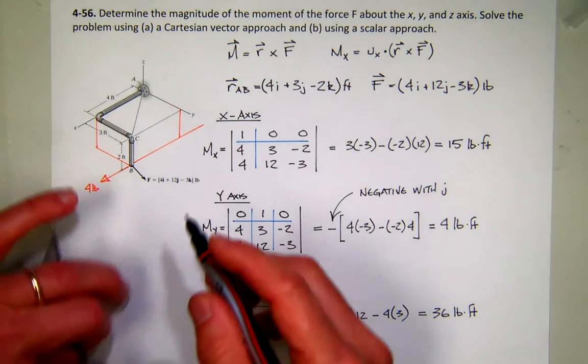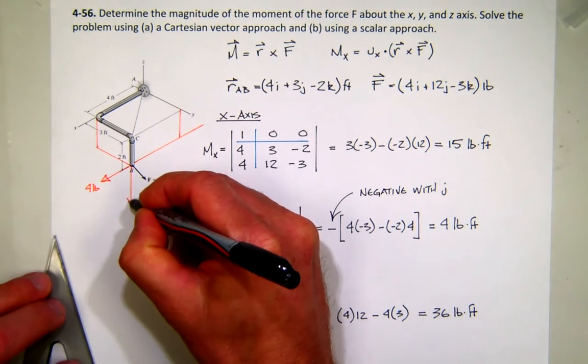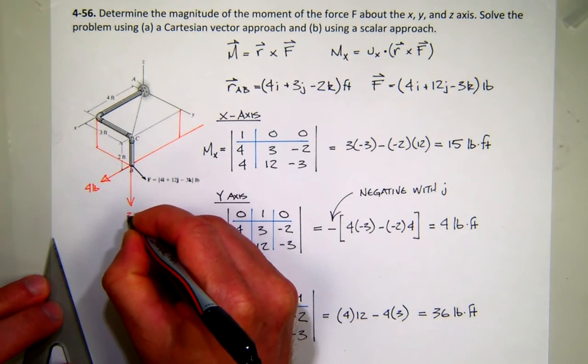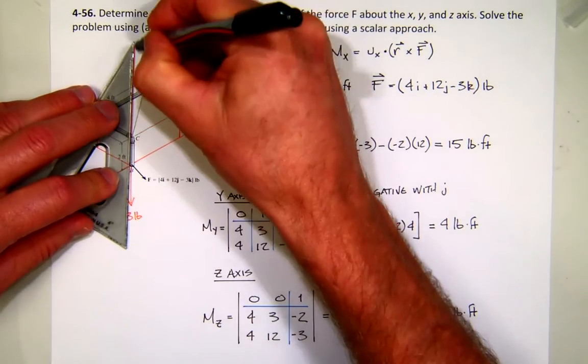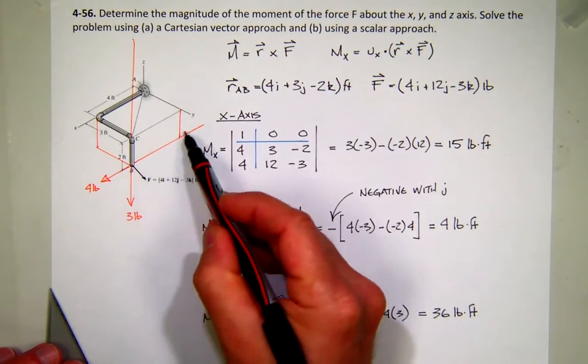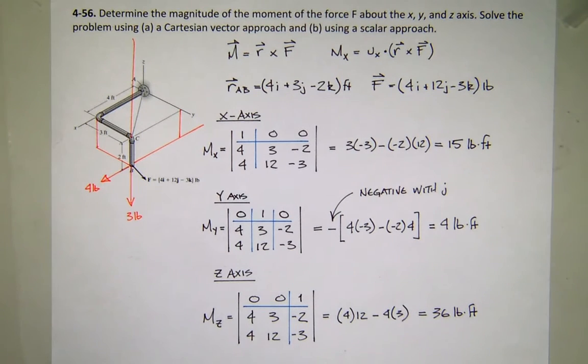And the z component of our force is acting down at 3 pounds. If you extend that line of action all the way up, you can see it has a distance of 4, and there's the 4-3. So you just have to piece them together.